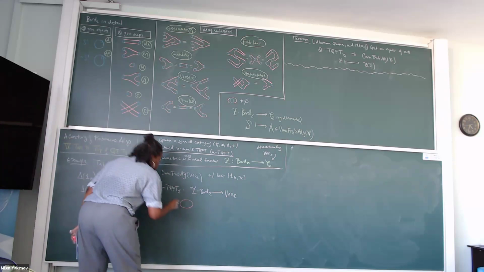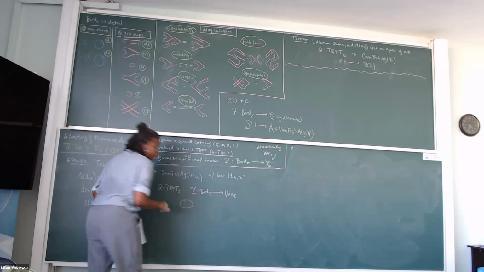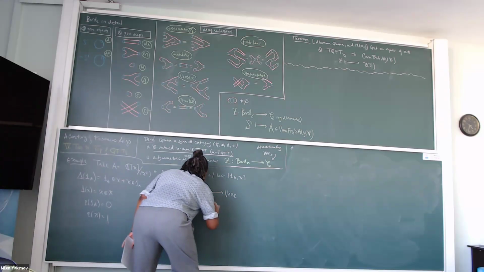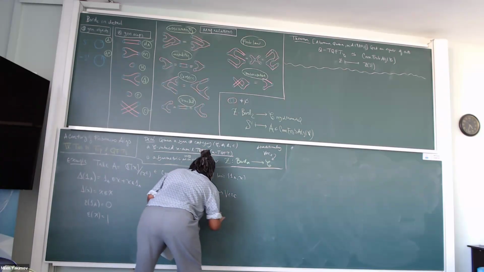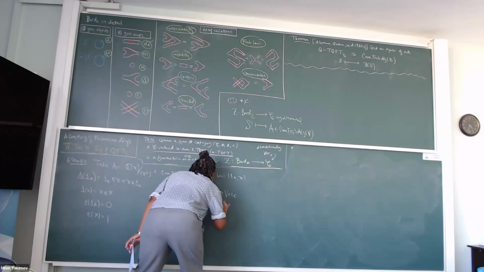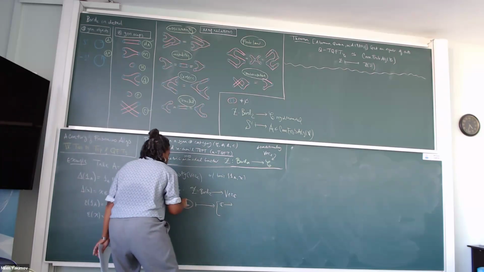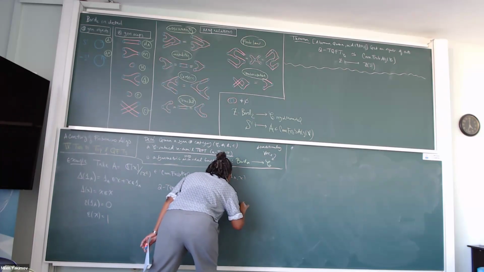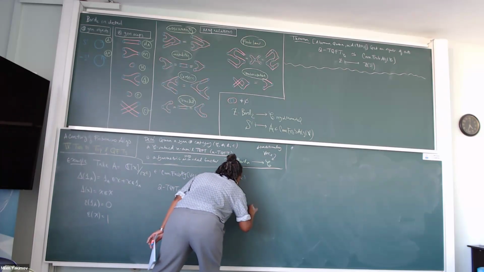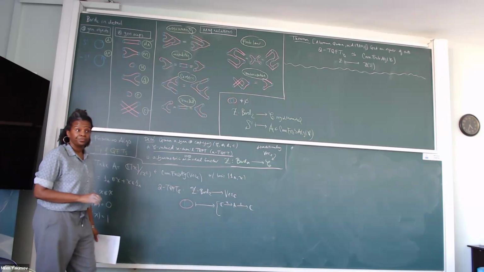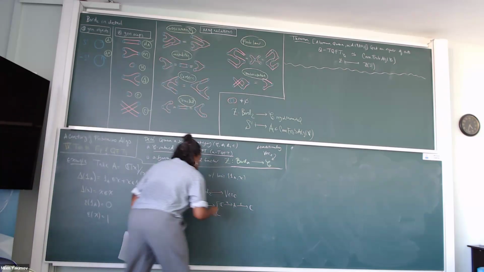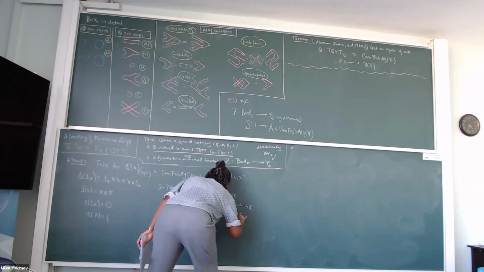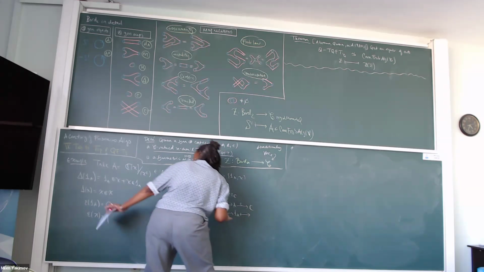So I'm going to break it up as a cap and a cup. Now, that's going to get sent to a map going from C to C. First, I go from C to A via the unit, and then I hit this with the co-unit and land here. So what does this do? It takes my 1 and sends it to the 1, and then now this goes to 0.